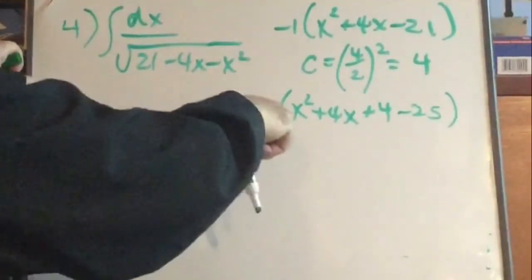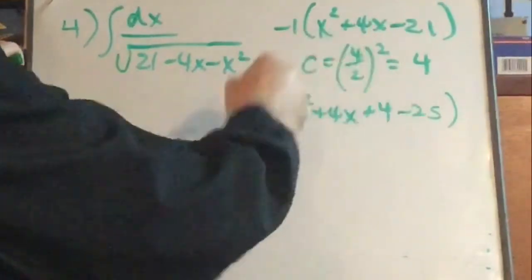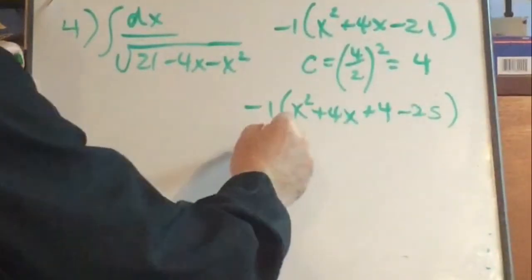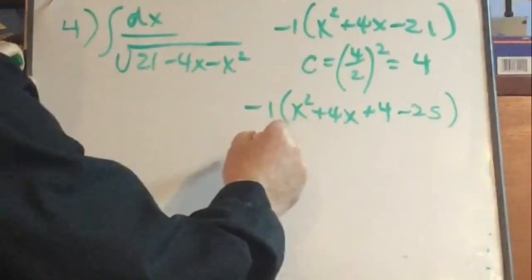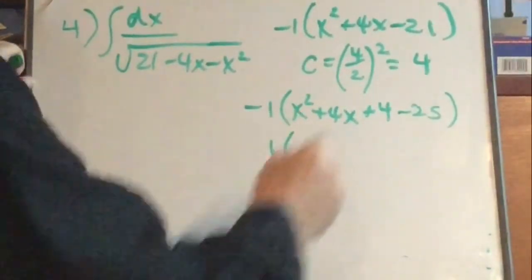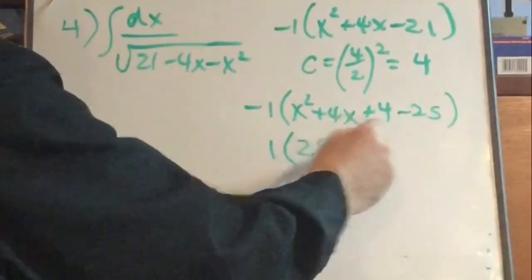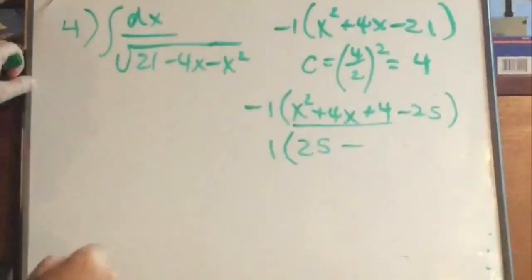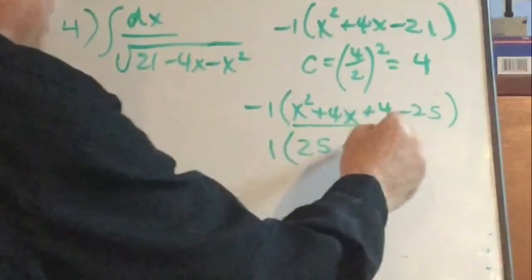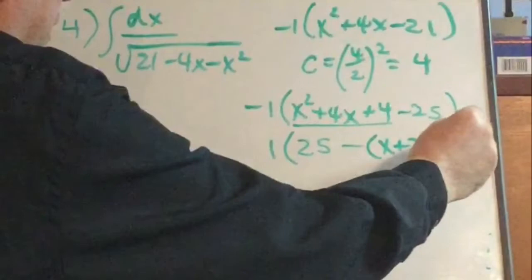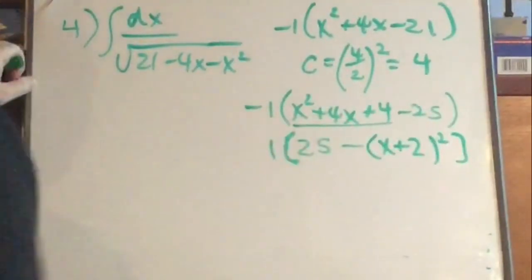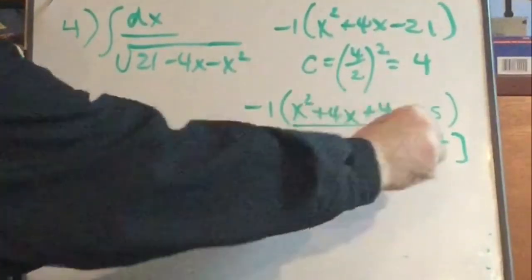And once again, if I have a negative number on the outside, I'm going to factor a -1 out in front. So I'm going to have a positive 1. And I'm going to reverse this and make it 25 minus, and if I rewrite this trinomial as a perfect square, it's going to be x plus 2 quantity squared. Because again, it's half of b, x plus 2.